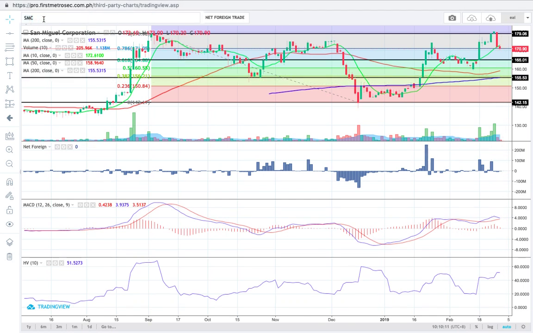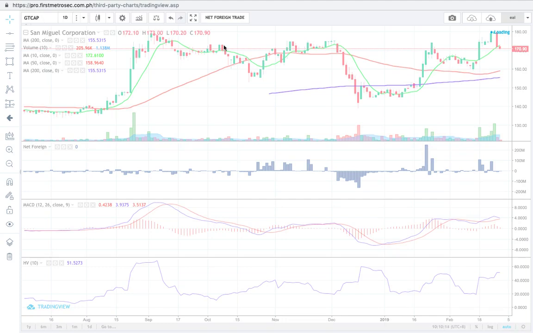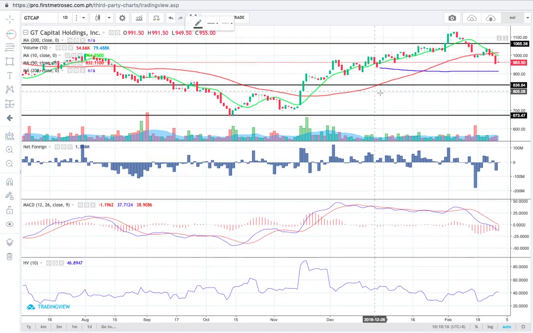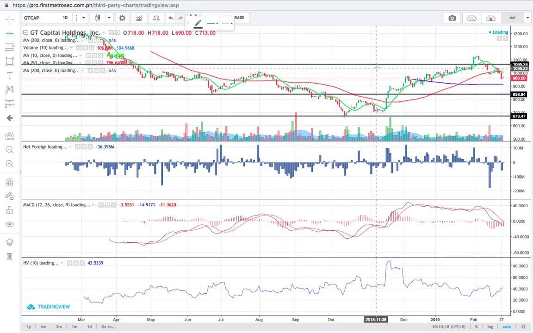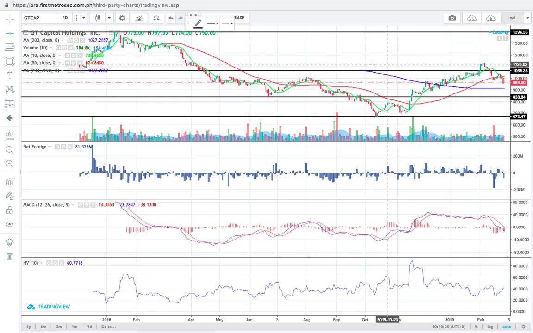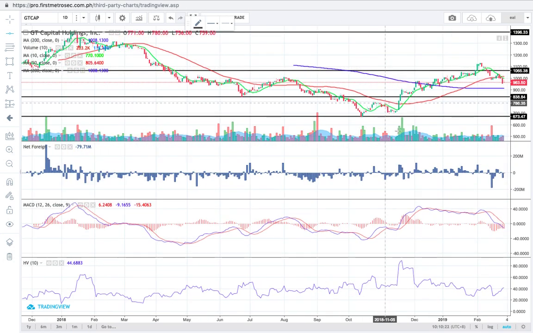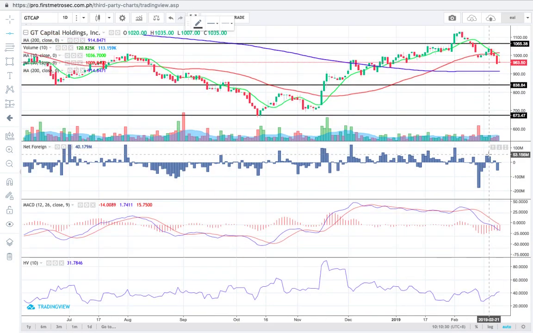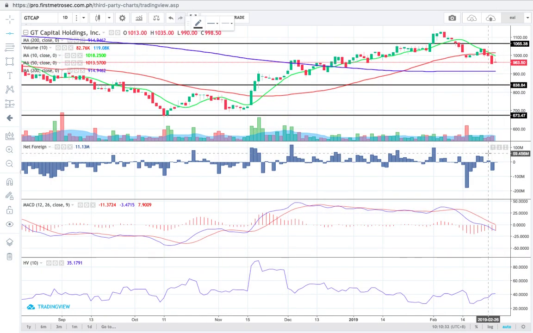Okay, let's take a look at GTCAP. For GTCAP, resistance is at 1065, support is at 839. Okay, and the volume was below its 10-day volume average.